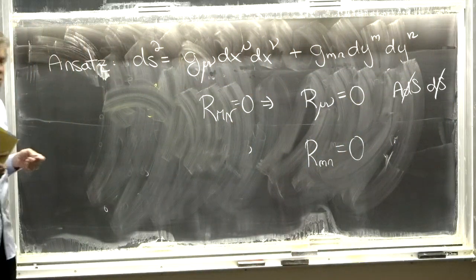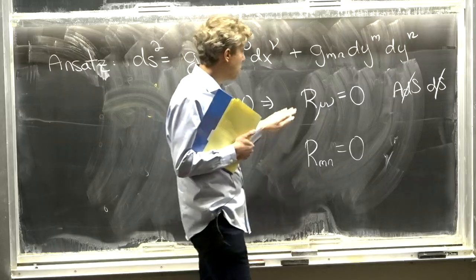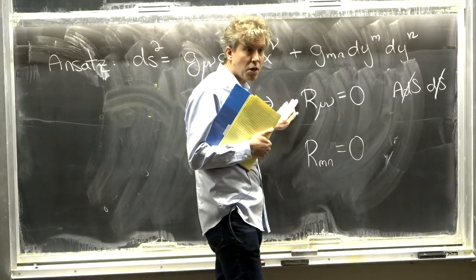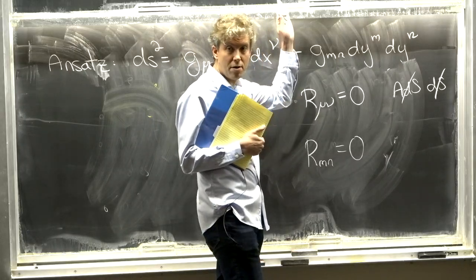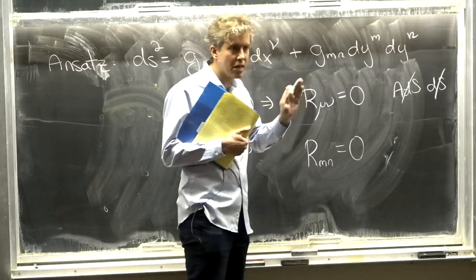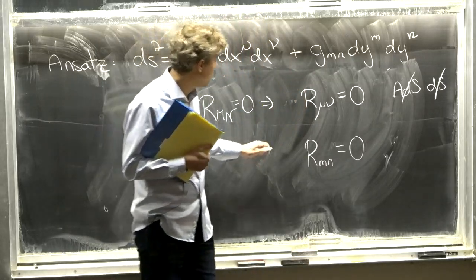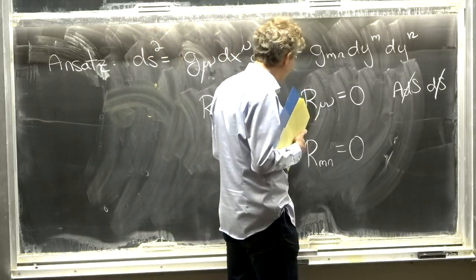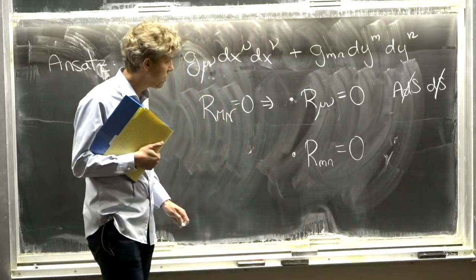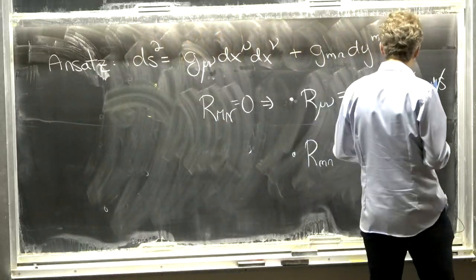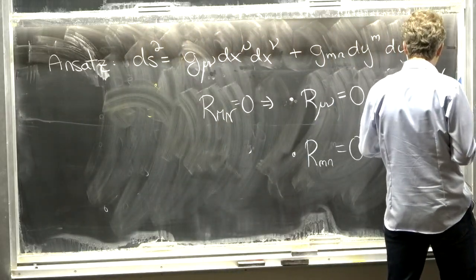Because the only maximally symmetric 3 plus 1 dimensional spacetime with vanishing Ricci is Minkowski. So we can only study Minkowski solutions if we're studying vacuum solutions. That's okay, we're building up. But this second condition tells us that the internal metric must be Ricci flat. So X6 has to be Ricci flat.